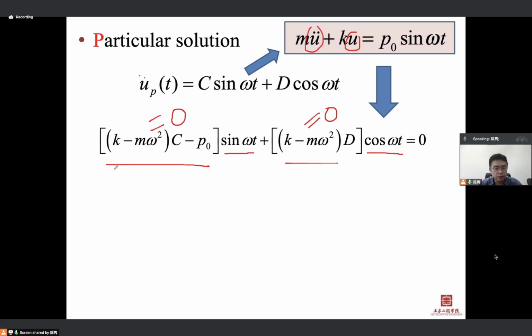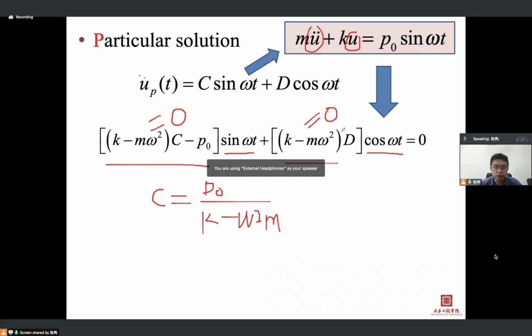By using this, with this part equal to 0, you can get C equals P0 divided by K minus omega squared M. Then this part becomes 0, so D equals 0.